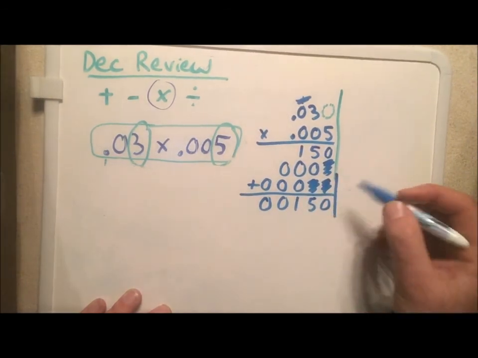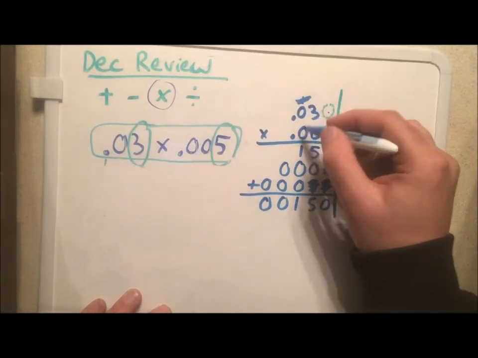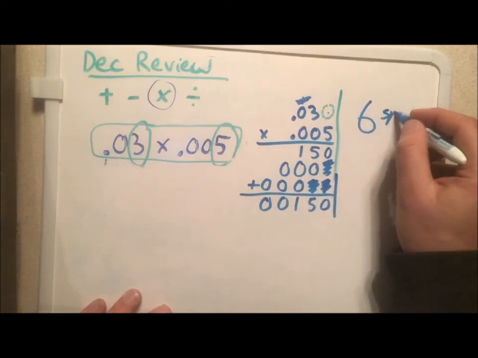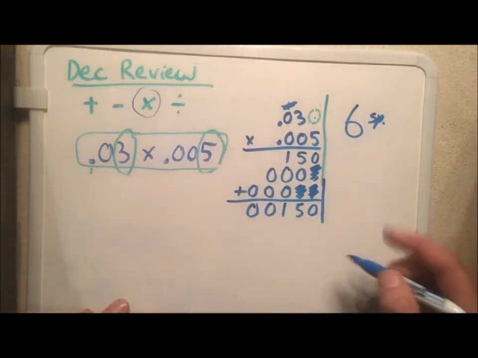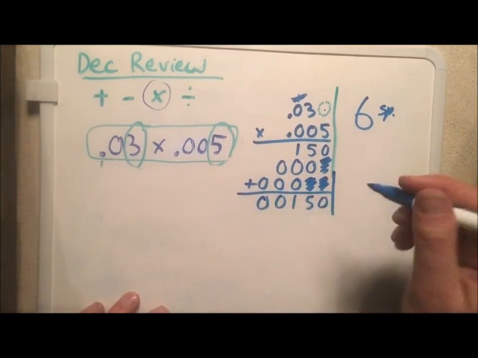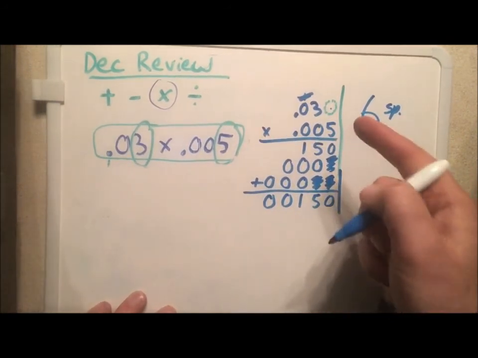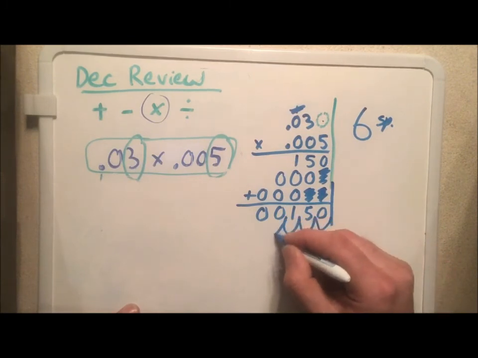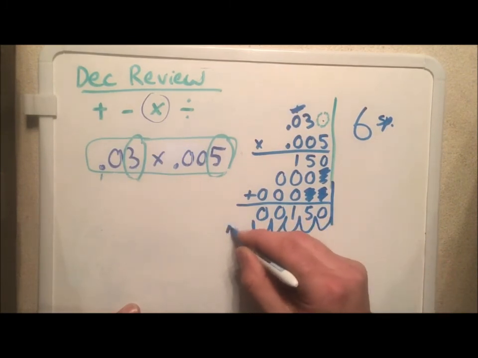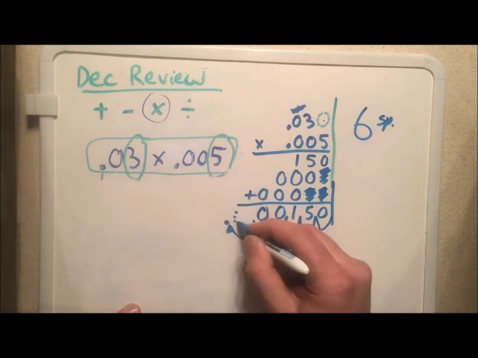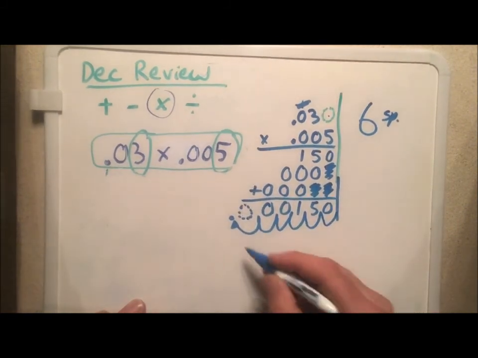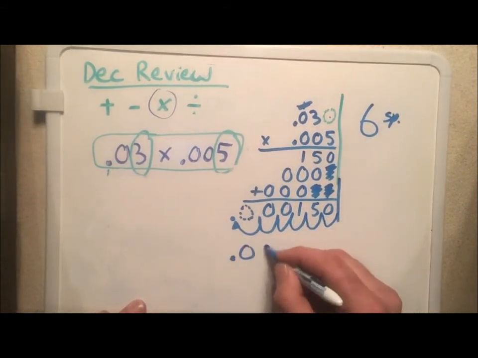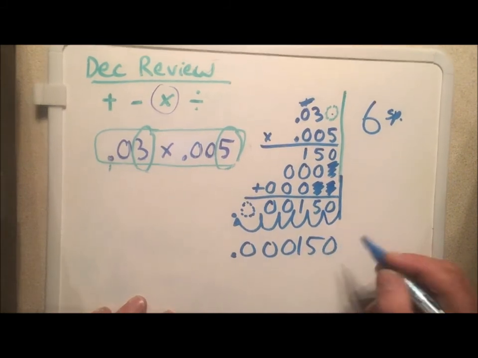There's my wall. Okay. So 1, 2, 3, 4, 5, 6 spots this time. There's 6 spots. So I got to include 6 hops this time. And it's just because of the way we set it up. So 1, 2, 3, 4, 5, 6, arrow tip, dot, put in your extra 0 there, and there you see the answer, 0.000150.